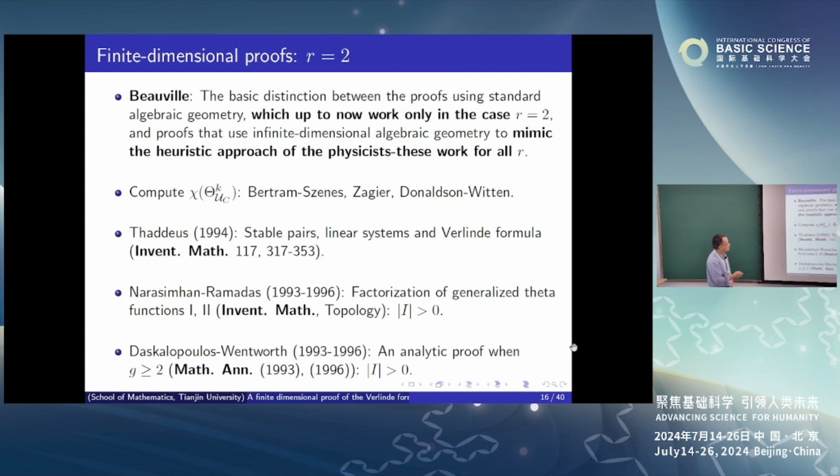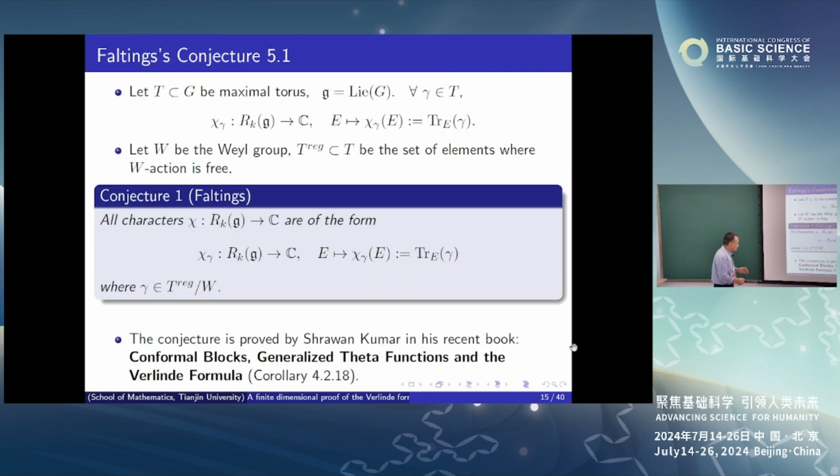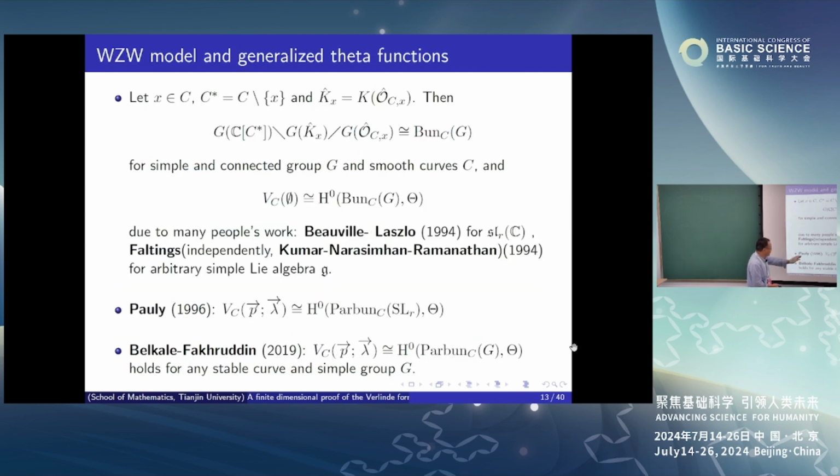And another proof is that we just forget this identification, this equality, and prove the right hand side directly, just in the sense of algebraic geometry. Of course, we get ideas from physics, but we compute the dimension without going through this isomorphism.